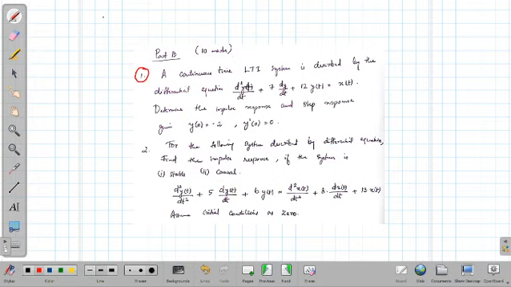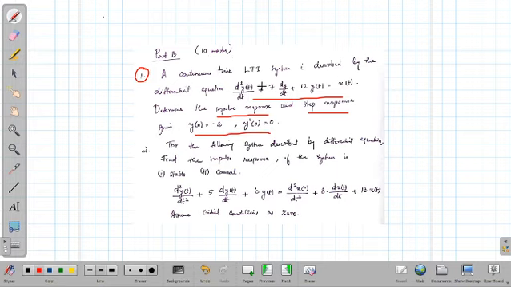Question 1. So this is a fairly straightforward question. A continuous time linear time invariant system is described by this expression, which is a differential equation. Determine the impulse response and step response given the initial conditions y of 0 is -2, y dash of 0 is 0. Okay, so this is fairly straightforward.